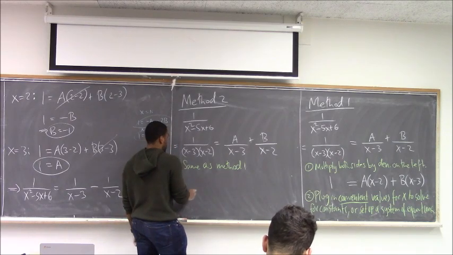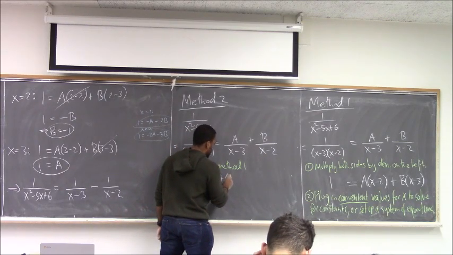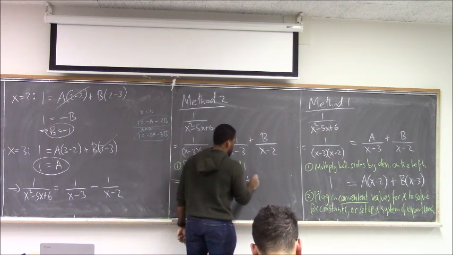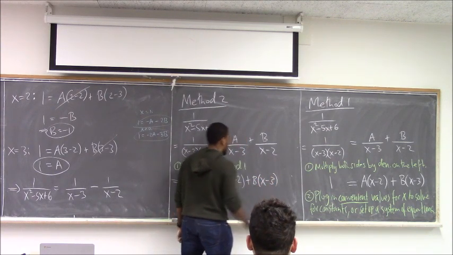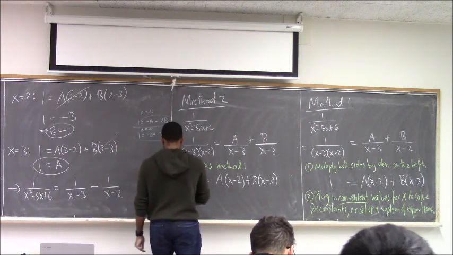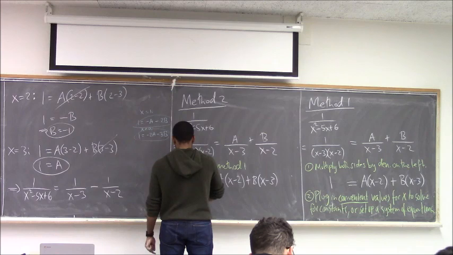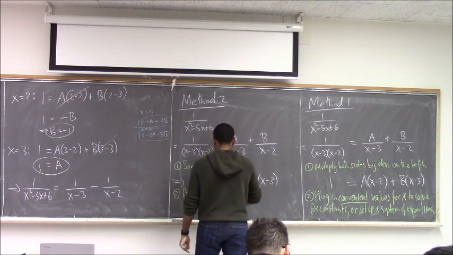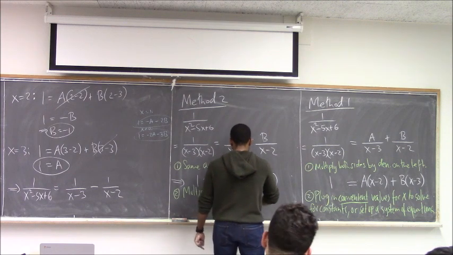So, I would get 1 equals a times x minus 2 plus b times x minus 3. Except this one, the second step is different. It's going to say multiply out and group like terms.